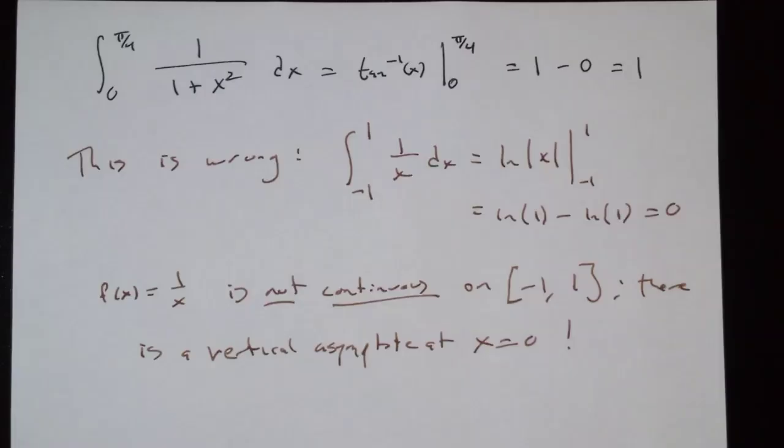I'm only allowed to use the fundamental theorem of calculus when my function is continuous, or where the discontinuities are removable. Remember, we talked about differences between the types of discontinuities. We had holes, we had jumps, we had gaps. This one's got an asymptote in it. Can't do that. If it's just a hole, then I might be able to work around it.